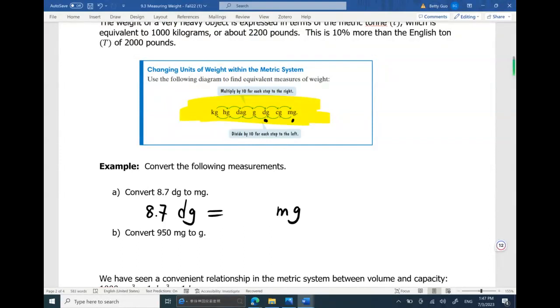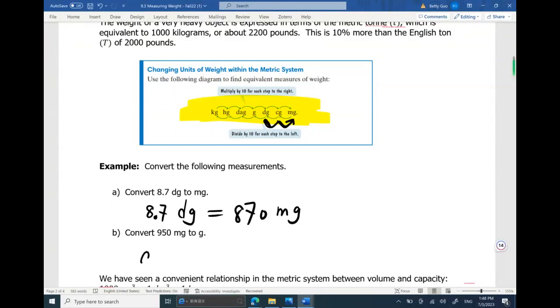Milligram is right here. So we go from decigram to milligram, right? Go to the right twice. Then just move the decimal point to the right twice. 870. Here we go. Done. Make sense of the result. Milligram is a tiny unit, so the number in front of it has to be bigger. How many times bigger? 100 times bigger compared with decigrams.